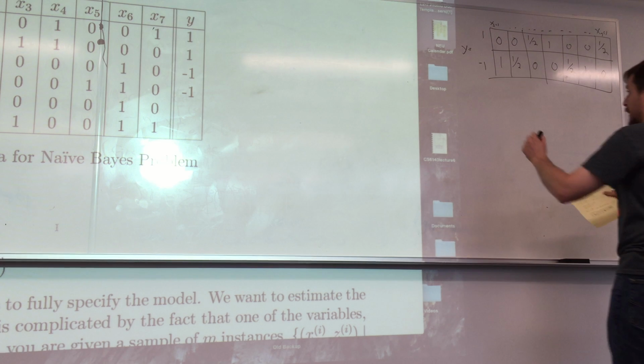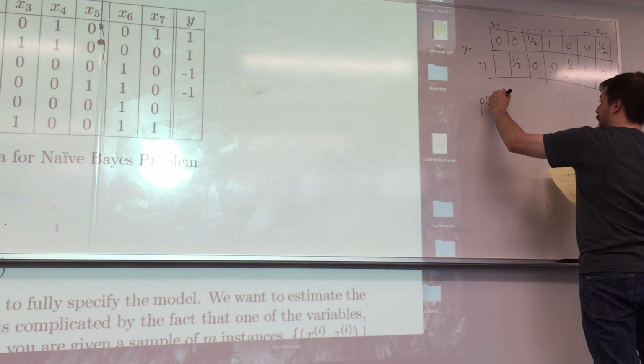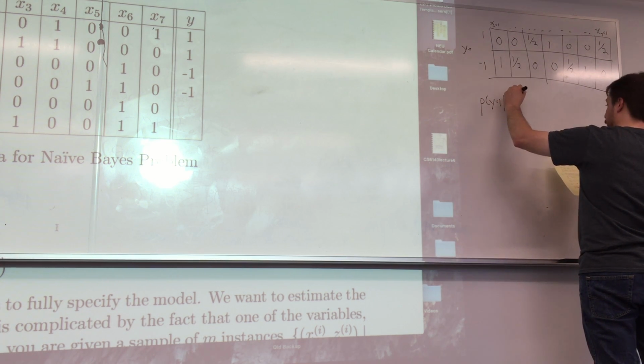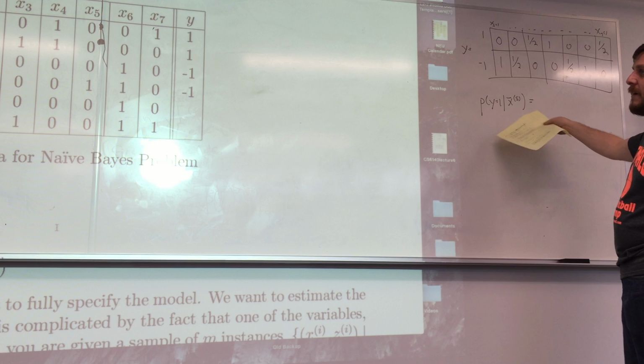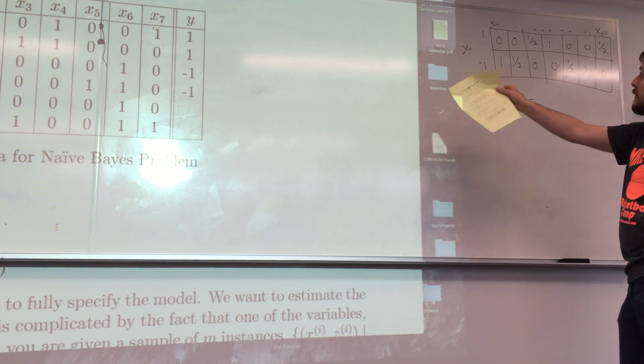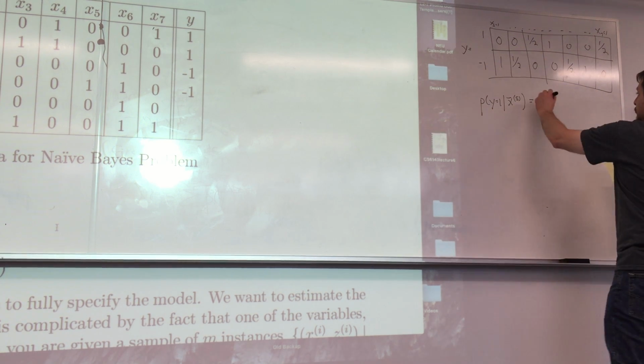So in that case, P of y equals 1 given x5 equals, so x5 is there's a 1, so we have a 0 right there.